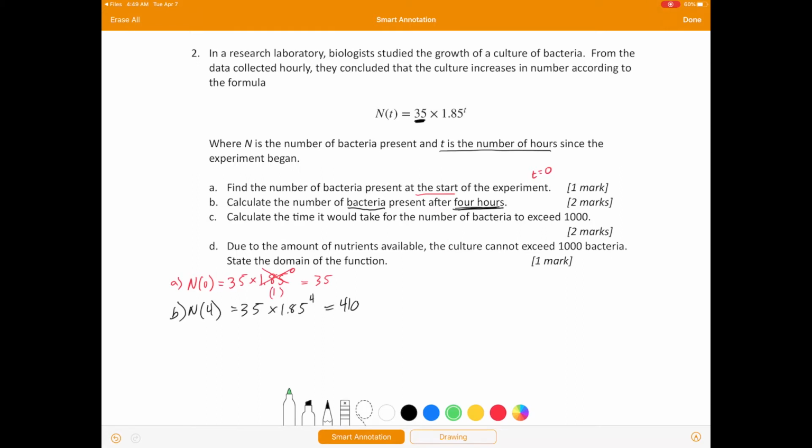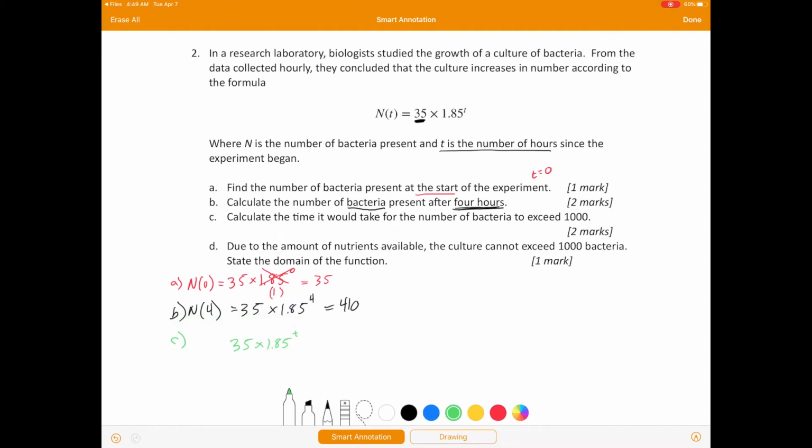All right, letter C says calculate the time it would take for the number of bacteria to exceed 1,000. Okay, so we go ahead and put in for C, and we want the number to be bigger than 1,000. So we know that 35 times 1.85 to the T is the number that we get.